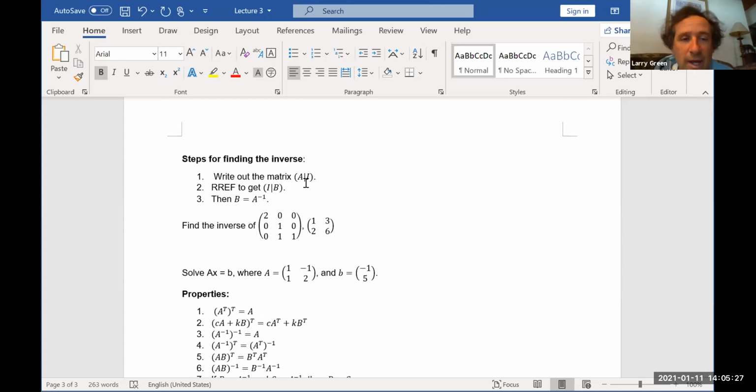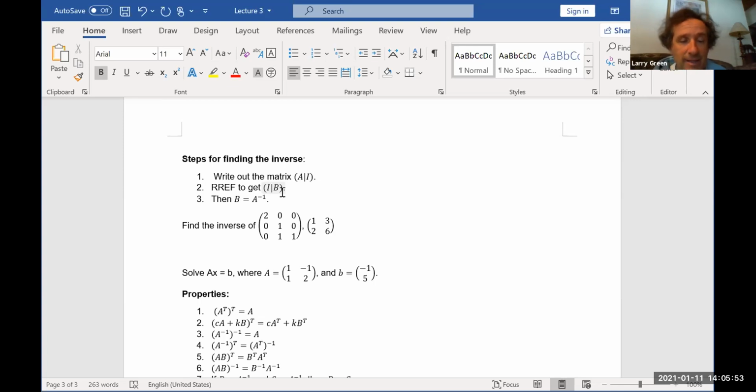So we want to write out the matrix A I, where basically it's side by side. Step 2, you RREF to get I B. If you RREF and you don't get I there, then it's not invertible.